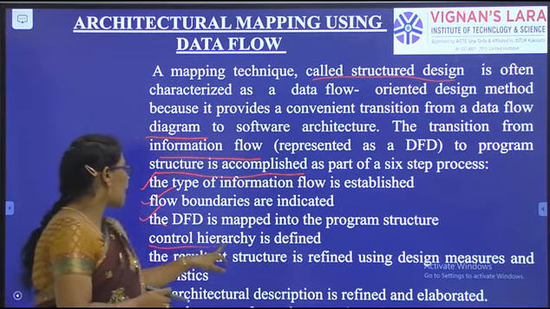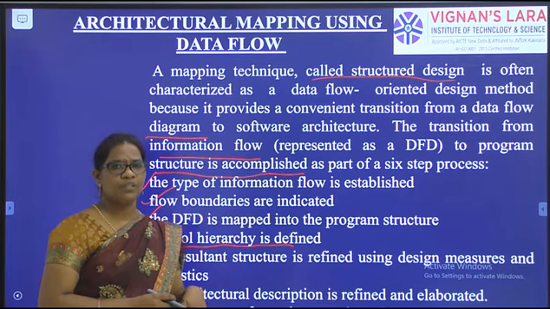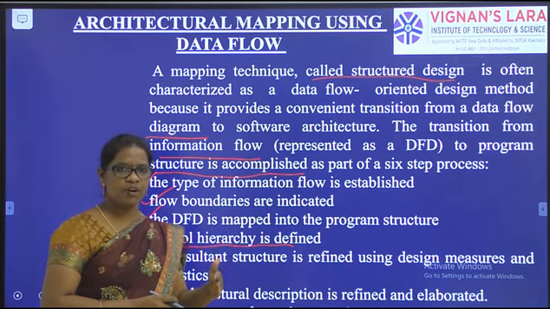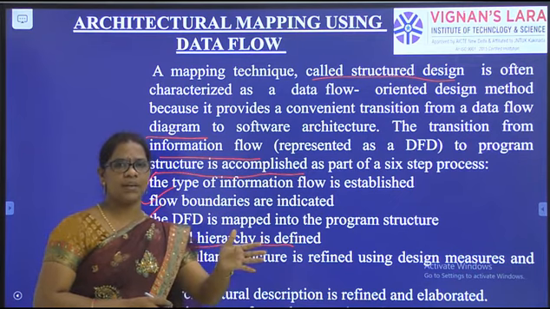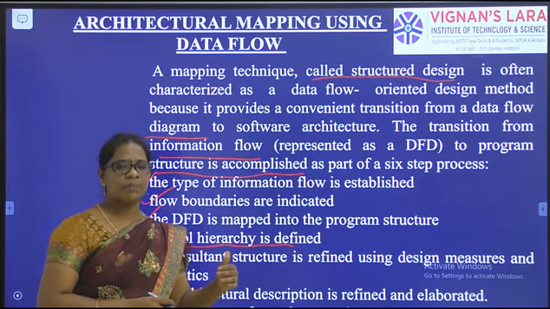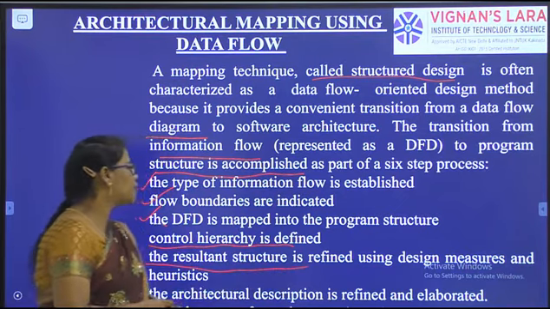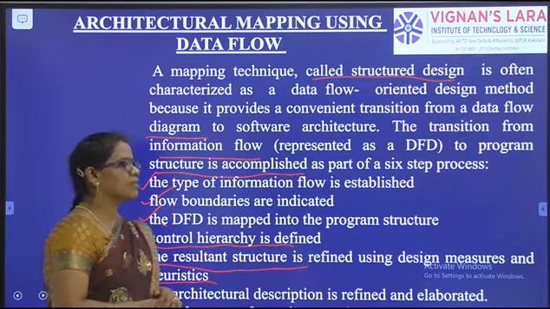And next, the control hierarchy is defined. So how is the controlling going on at each step? If it is false, how is the control moved to give another chance? If it is true, whatever the password you give, what is the control flow? Next, the resultant structure is refined using design measures and heuristics.